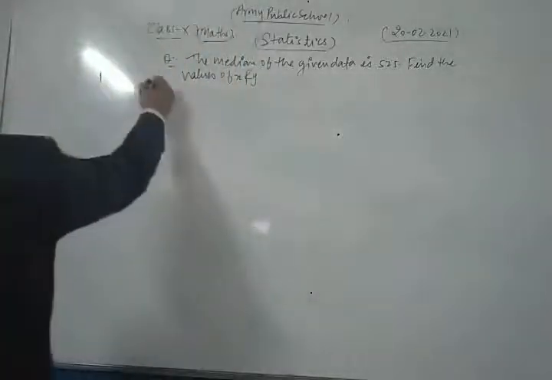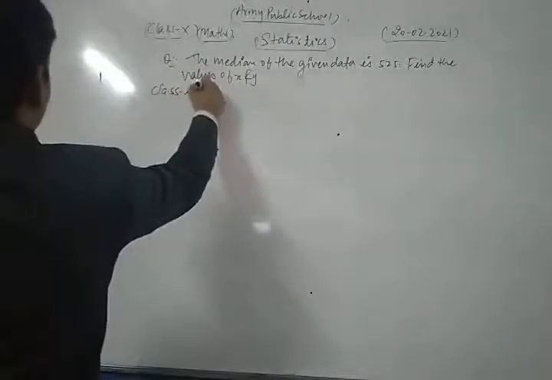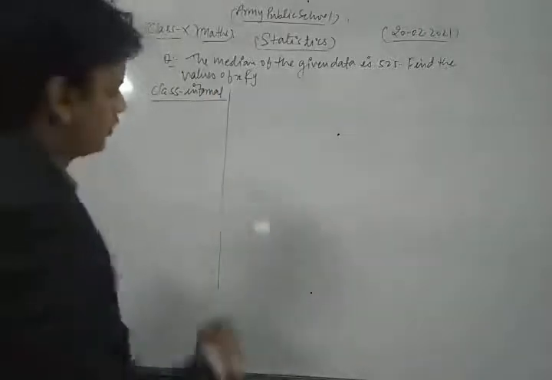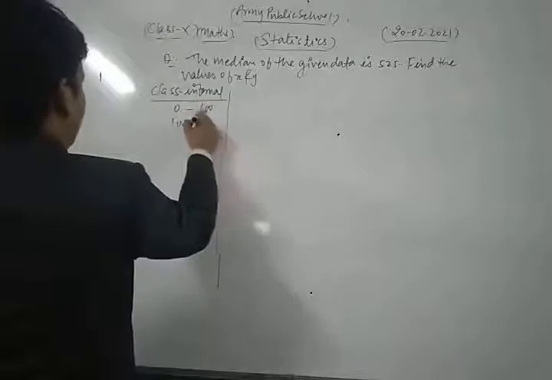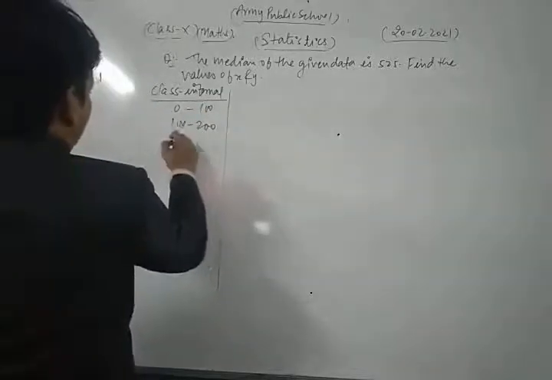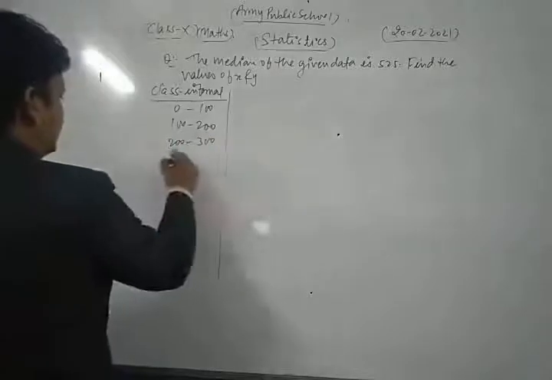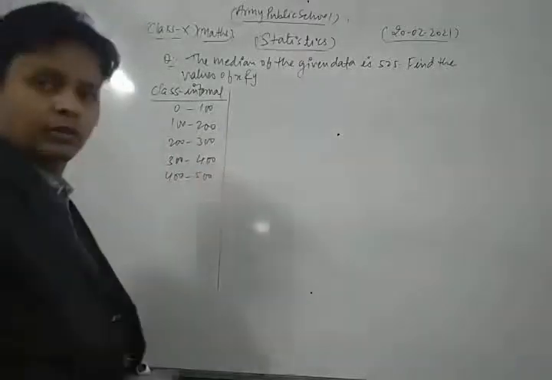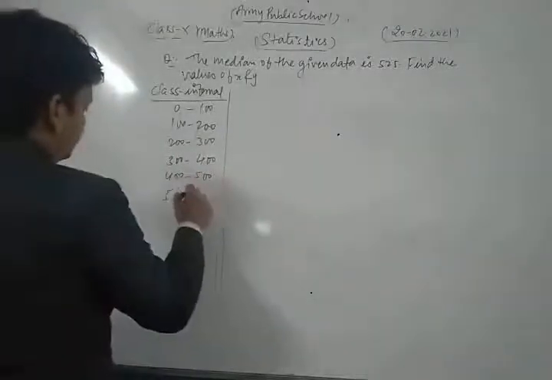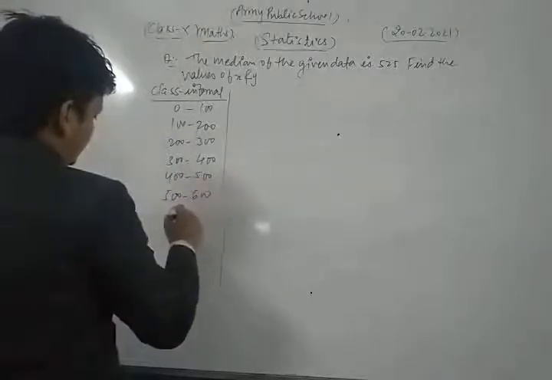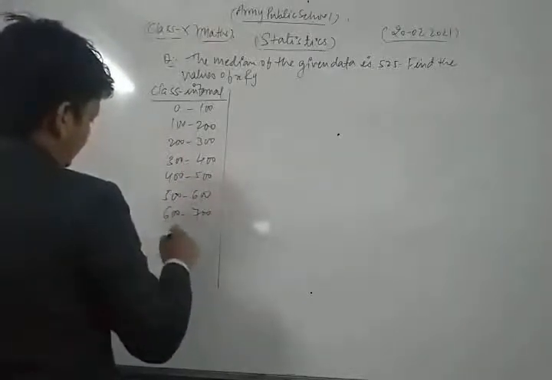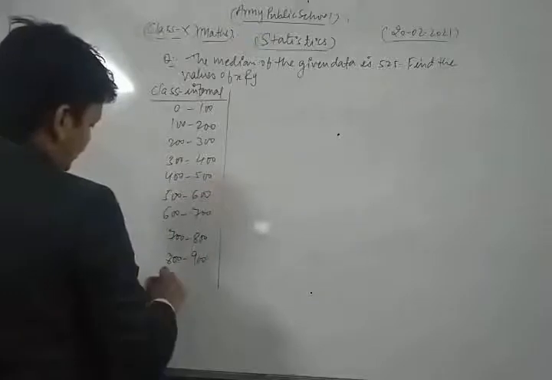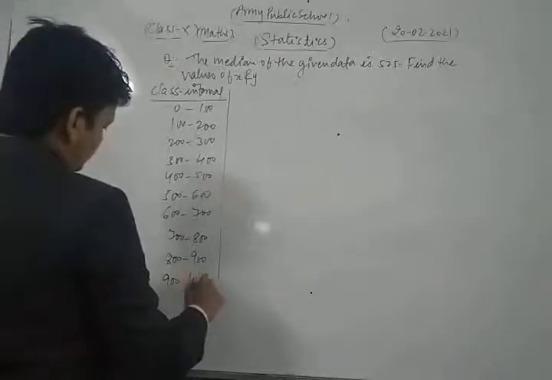In the first column is given the class interval, which is 0 to 100, 100 to 200, 200 to 300, 300 to 400, 400 to 500, 500 to 600, 600 to 700, 700 to 800, 800 to 900, and 900 to 1000.